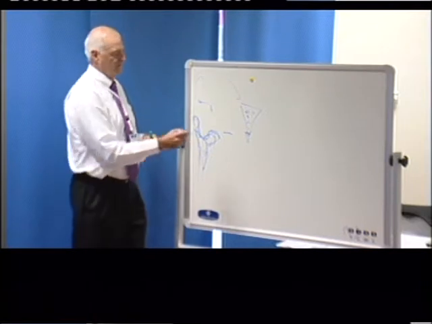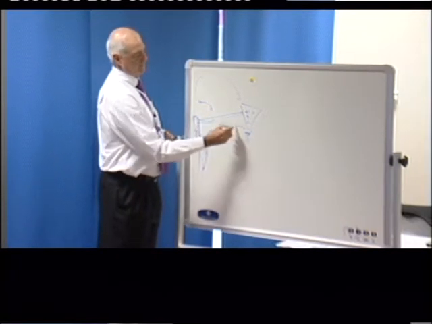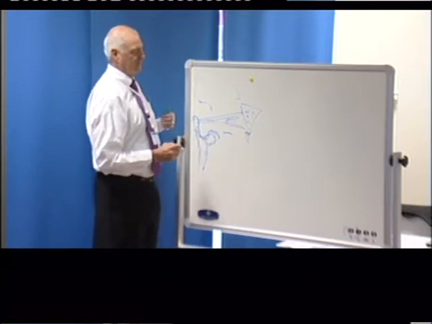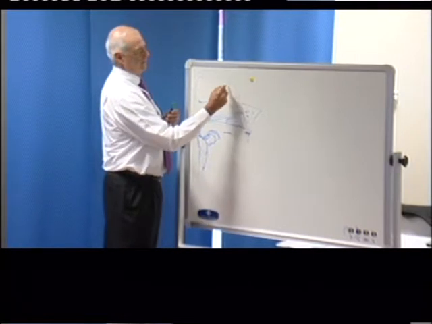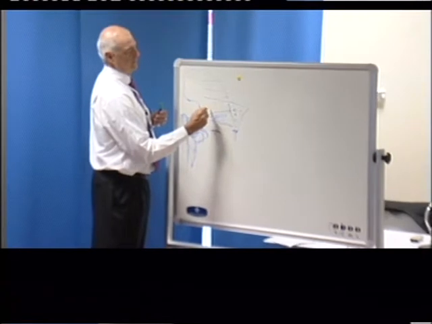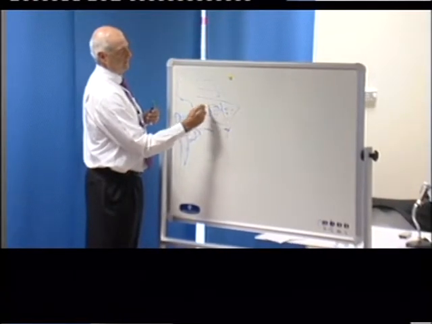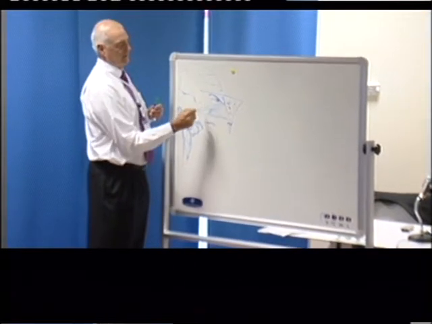Piriformis is here. So we're going to take the probe and go down, and as we go down, all of a sudden we see the notch, and the greater occipital artery will come out.